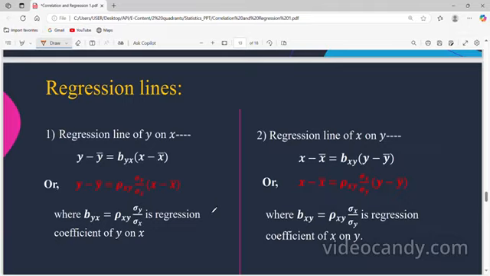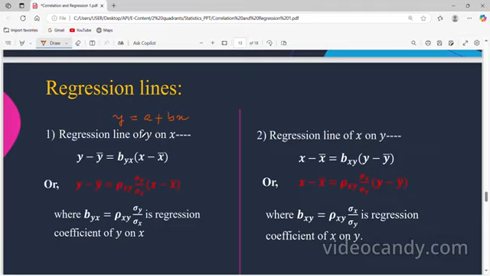So there are two types of regression lines as mentioned here. Number one, when it is required to estimate the values of the dependent variable y for different values of the independent variable x, then the regression line of the form y equal to a plus bx is called regression line of y on x, and this is used to estimate the value of y when that of x is known.